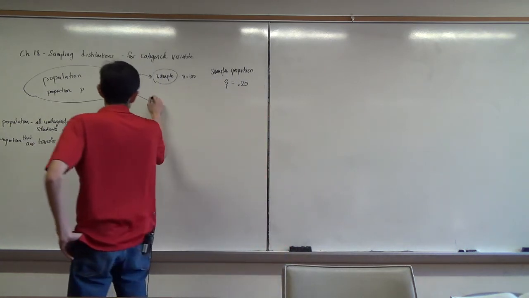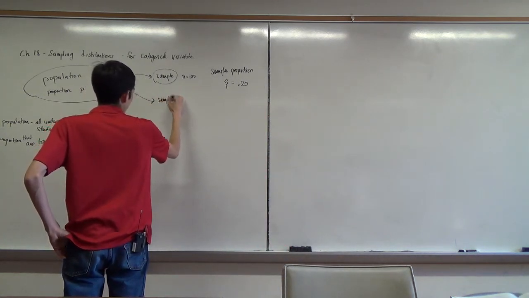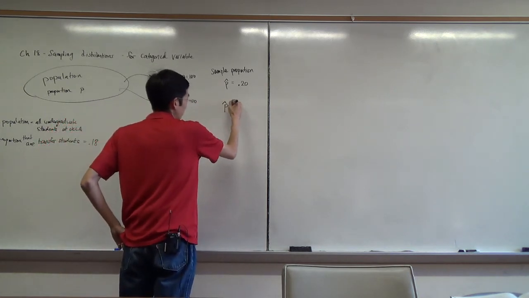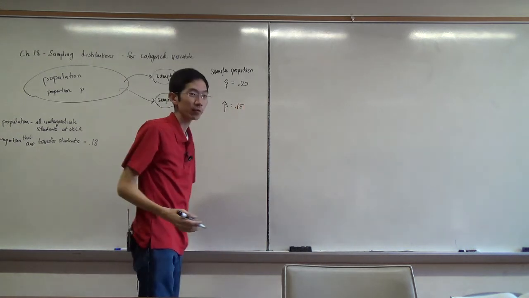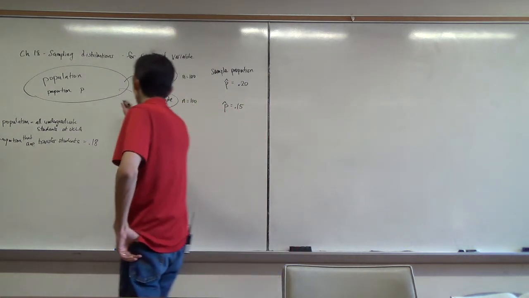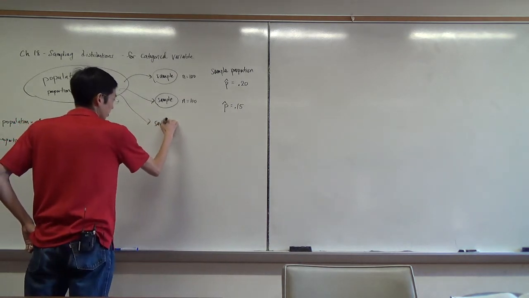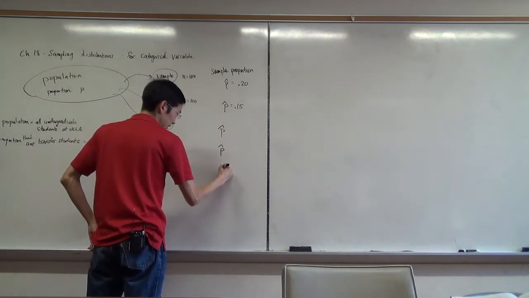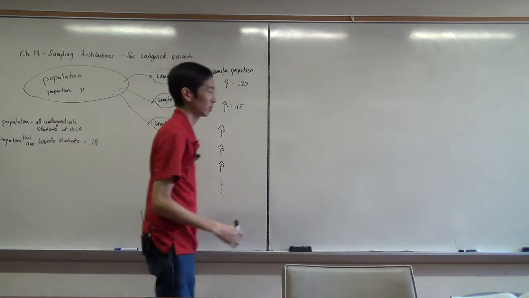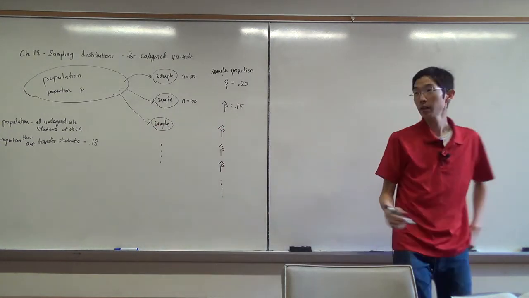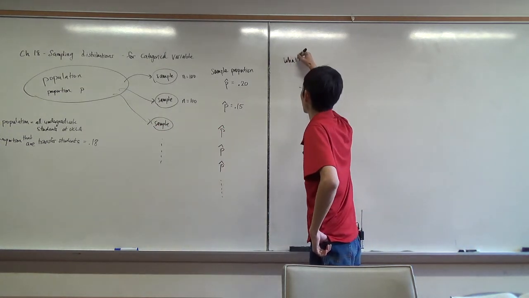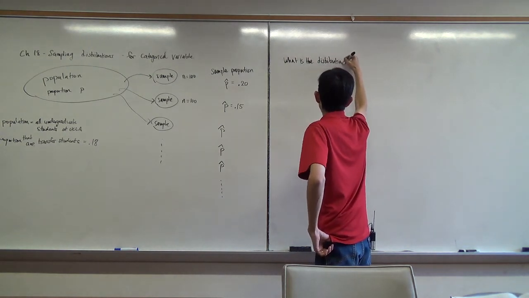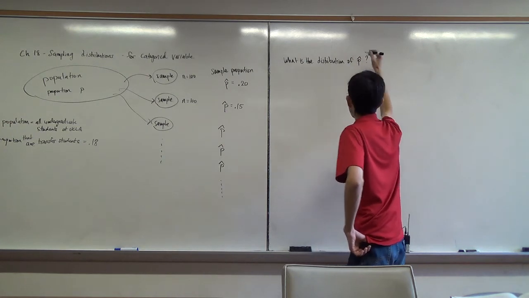If I draw another sample of n equal to 100, my p hat could be 0.15. And I can keep drawing multiple samples over and over, and each time I would get a new p hat. And the question is, what is the distribution of p hat?